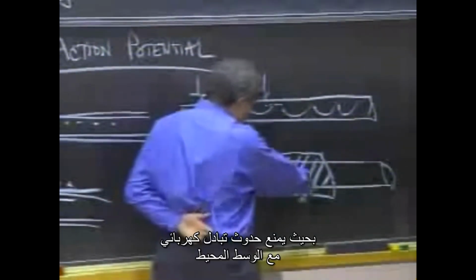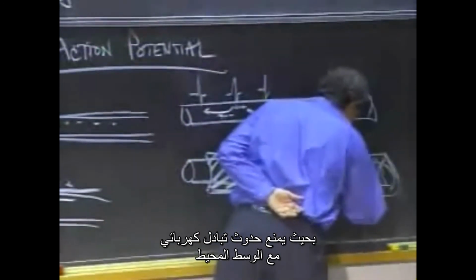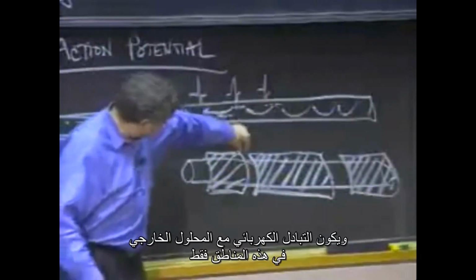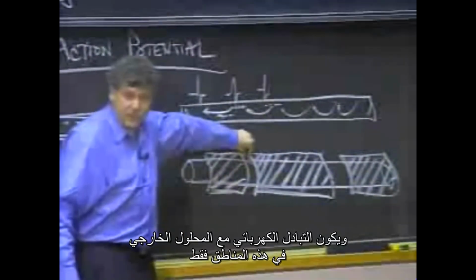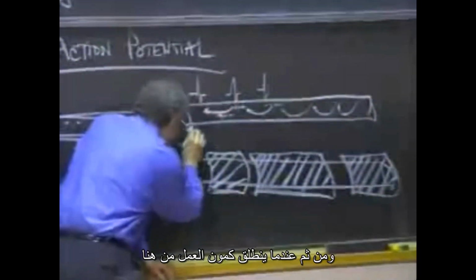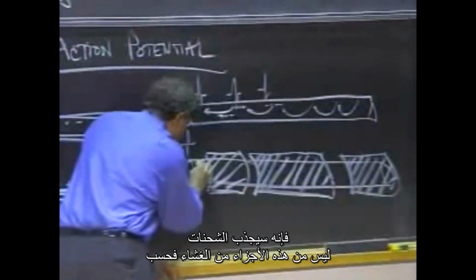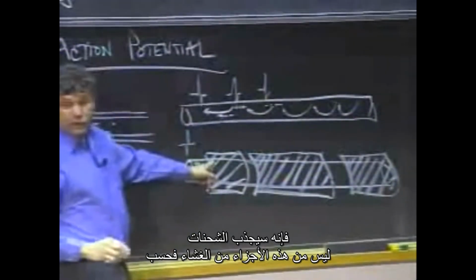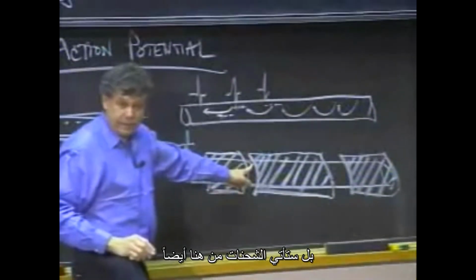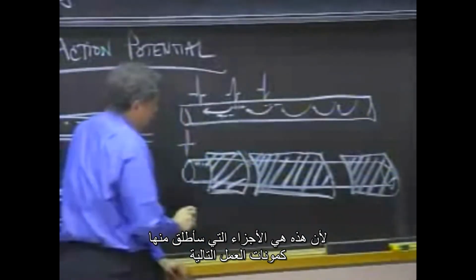That would make it such that it was not in electrical contact with the outside, only in electrical contact with the outside solution here, here, here. Then, when the action potential fires here, it's going to pull charges over, not from the tiny little patch of membrane here, but the charges are going to have to come from here, because that's where I'm going to next feel my action potential.